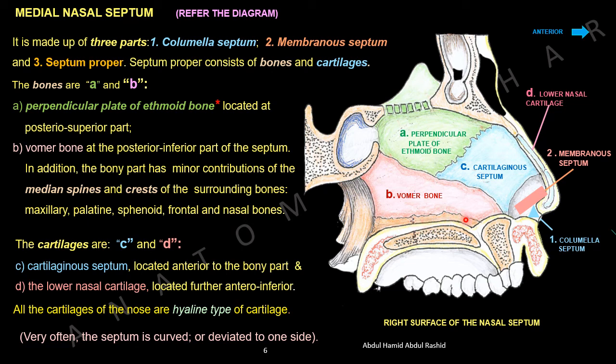The cartilages are C. This is the cartilaginous septum, which is quadrangular in shape and located anterior to the bony part of the septum. Further anterior to it is the lower nasal cartilage, located anterior and inferior. All the cartilages of the nose are hyaline cartilage. Very often, the septum is curved or deviated to one side.